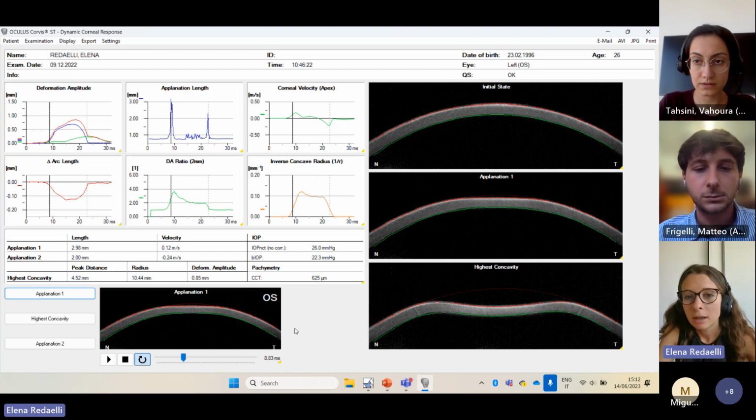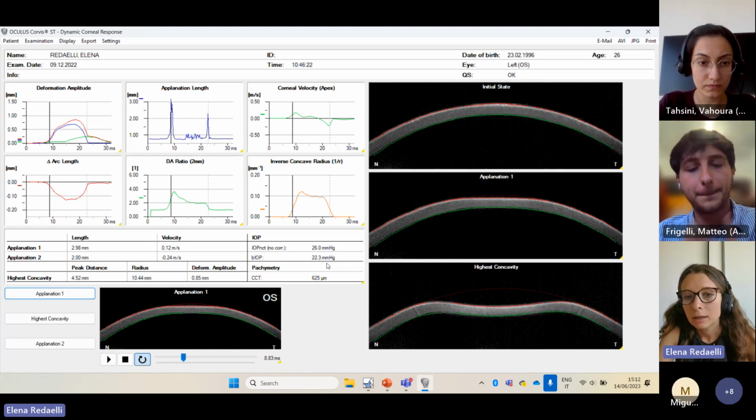So the question is, do I have an intraocular pressure of 26 millimeters of mercury, or is it lower? This value that is lower is a value of intraocular pressure corrected by my thickness. And so you can see that it is lower.